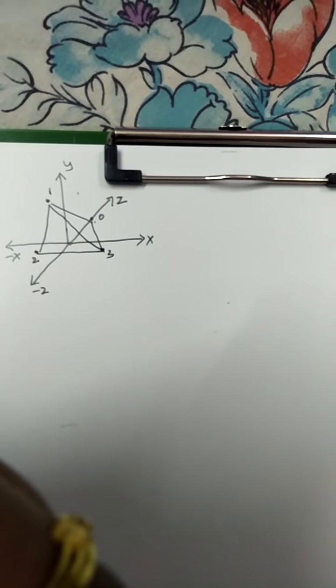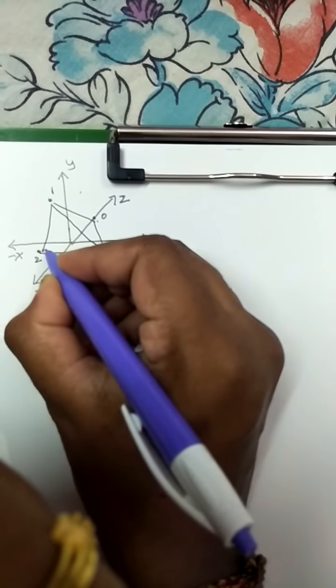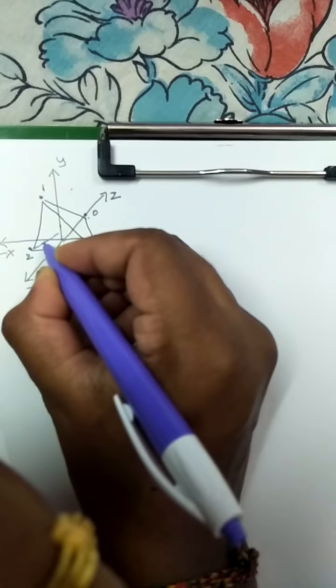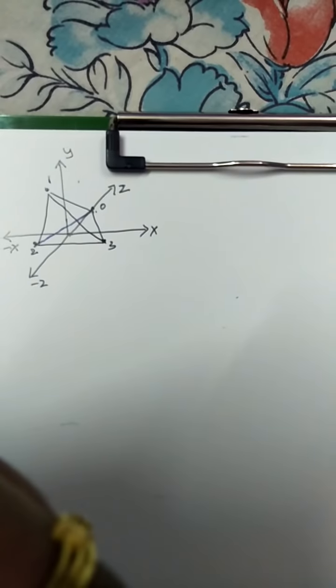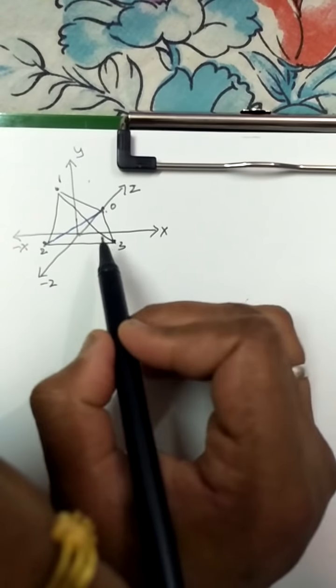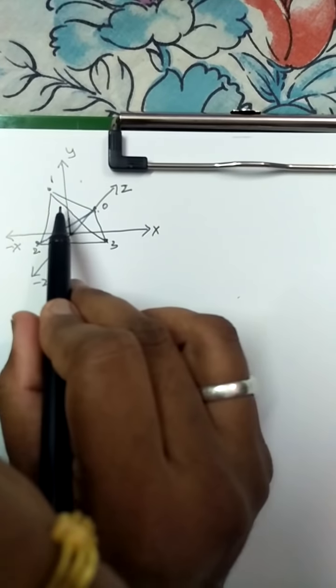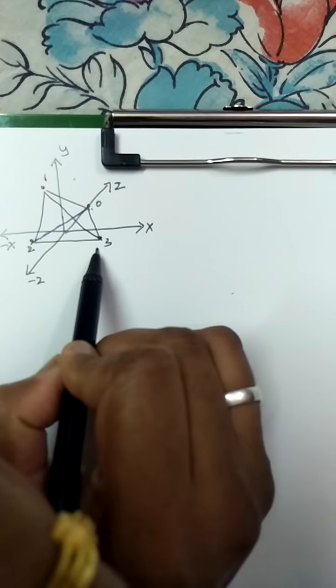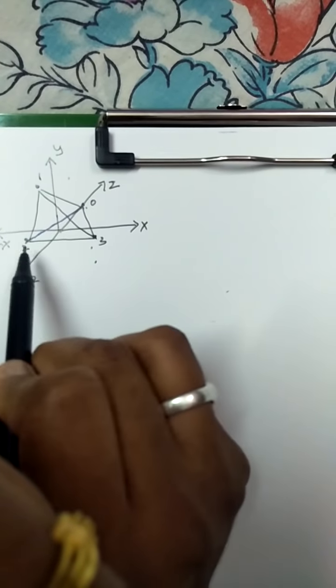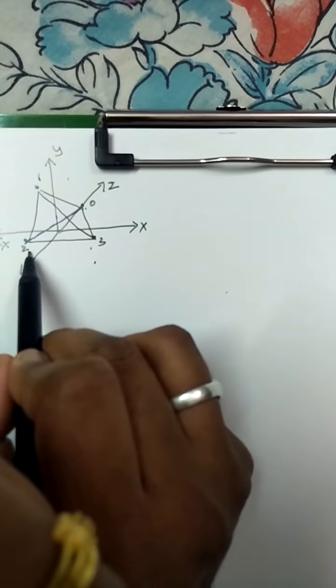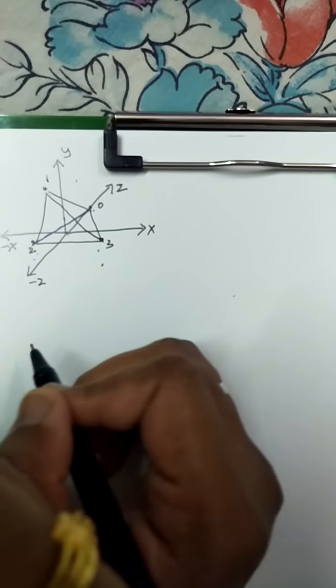I'll make a dotted line. This blue line is the line that is being joined. So we can see 3 faces here. 1, 0, 3 is one face. 1, 2, 3 is one more face. 2, 0, 1 is one face, and 2, 0, 3 is the base face.